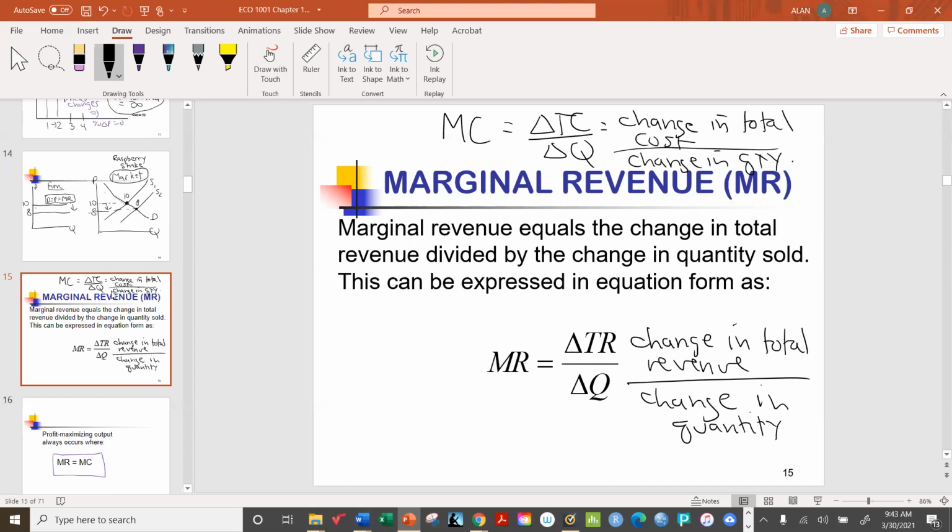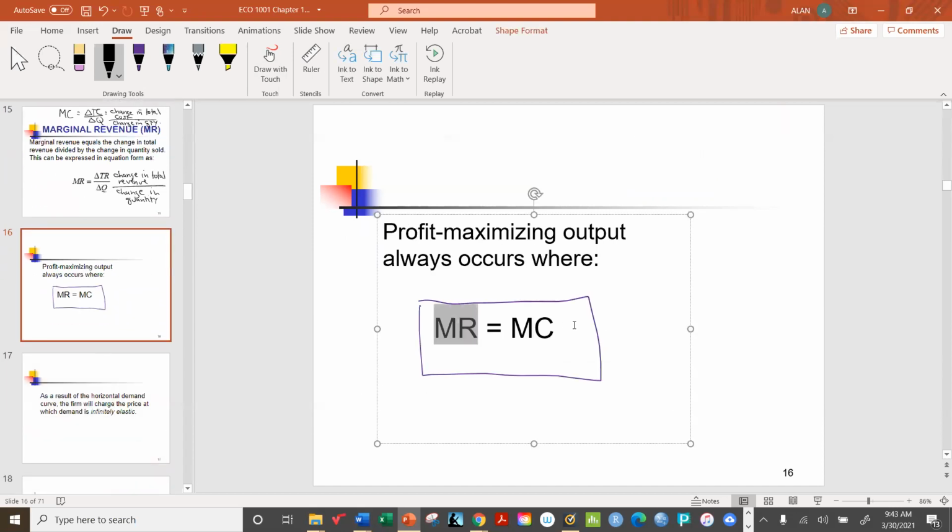Okay, now this next slide is one of the most important slides you'll ever see in your life in economics, because it turns out that no matter what kind of market structure or market industry you're working in, the way to figure out the profit maximizing output is with the following relationship. You want to produce where MR equals MC. All right, MR equals MC.